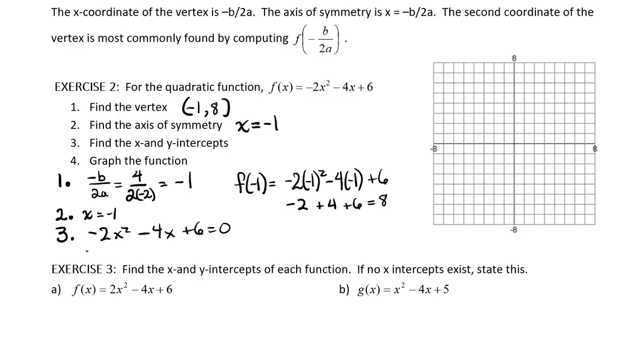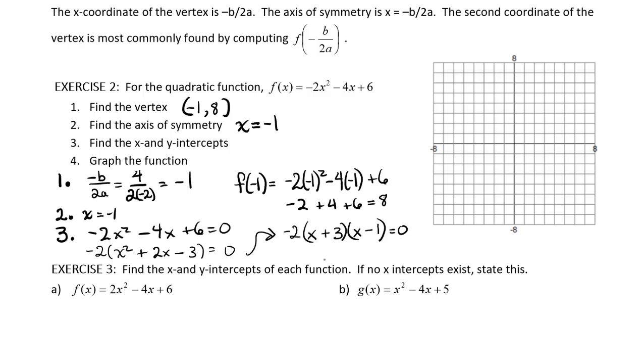And now I can factor out a negative 2, which gives me negative 2 times x squared plus 2x minus 3. Factoring further, I get negative 2 times x, and x will be the first terms of my binomials, plus 3 and minus 1 will be the other terms in my binomials.